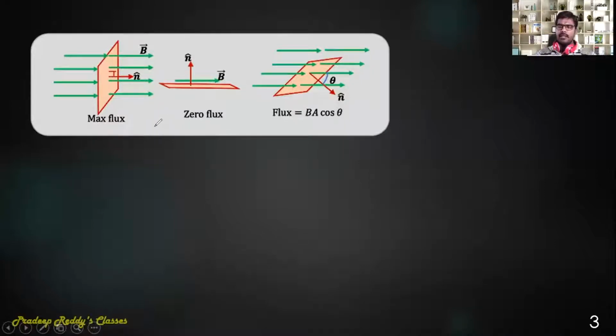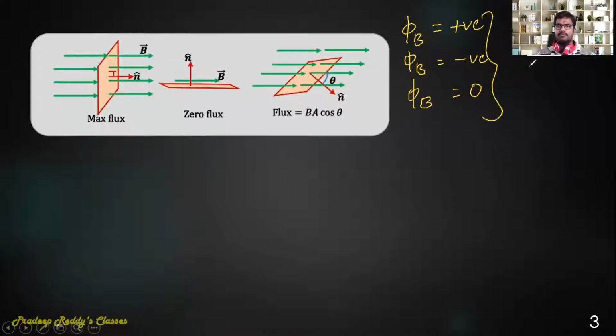Depending on the orientation of the area vector in the external magnetic field, magnetic flux phi B can be positive, negative, or equal to 0. Because it is a dot product, B bar dot A bar, it can take a positive value, a negative value, or 0.